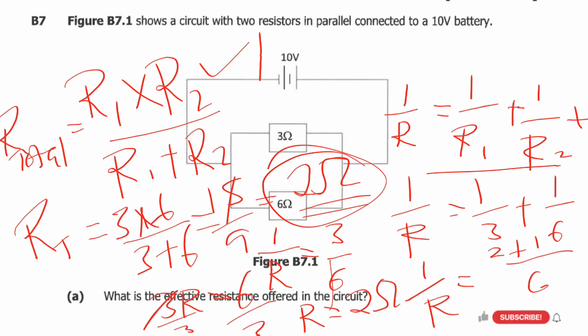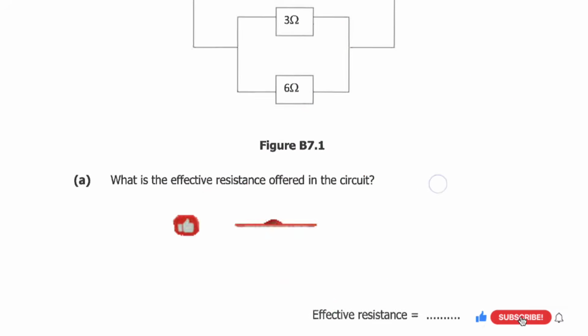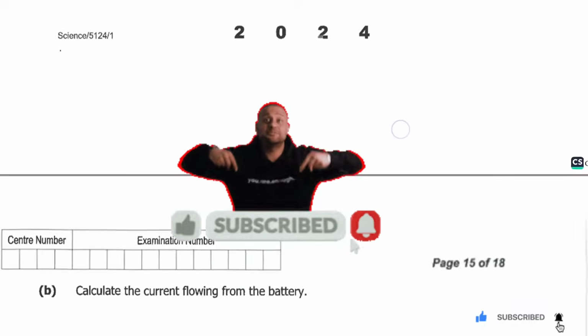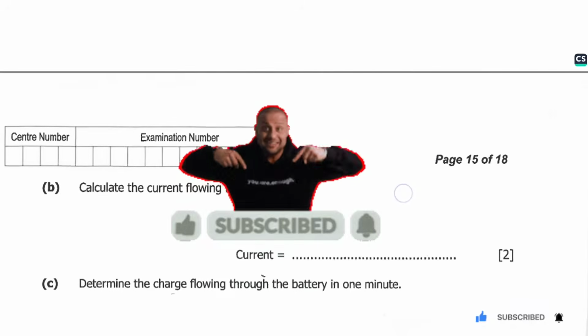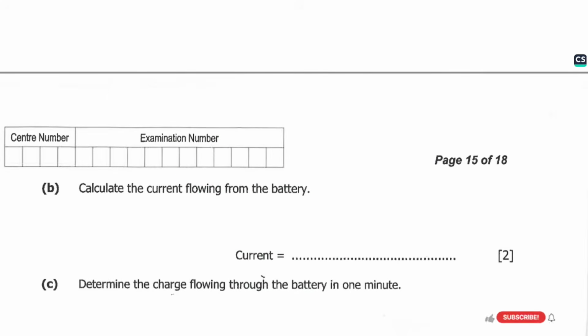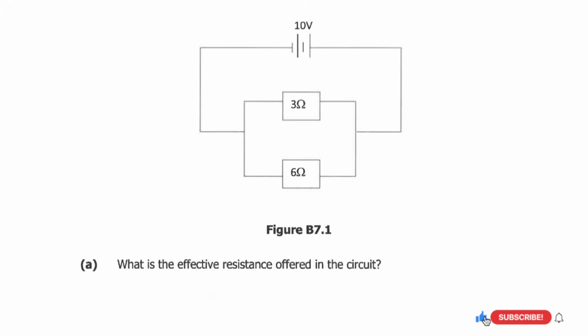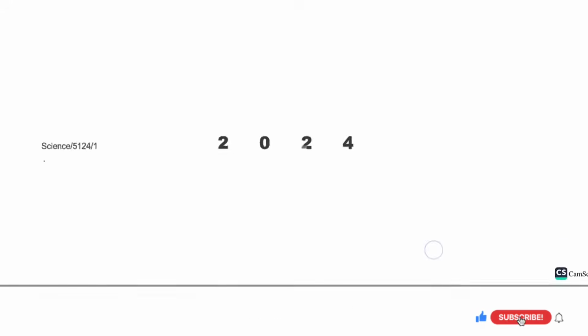Having found the total resistance to be 2 ohms, let's look at the other question: calculate the current flowing from the battery. The total voltage here is 10.